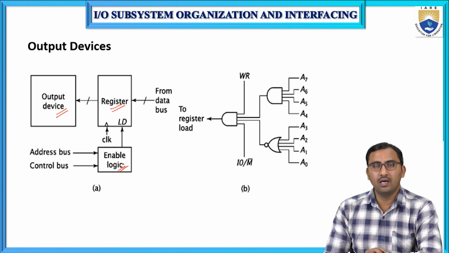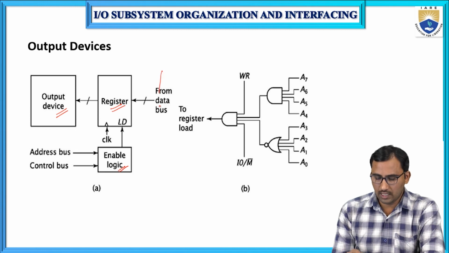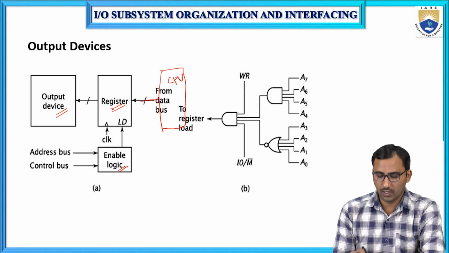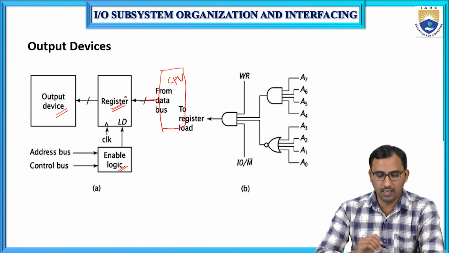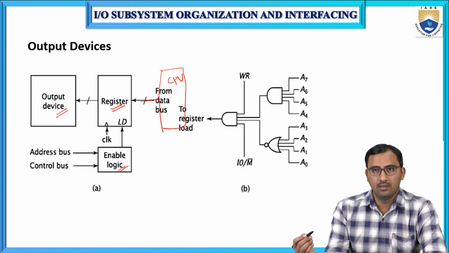Once the CPU processes the input data, let us assume this is a CPU. From the CPU we have a data bus which is connected to this interface circuit. Here we are considering a register, but previously, when we were interfacing the input devices with the CPU, we were considering a tri-state buffer.